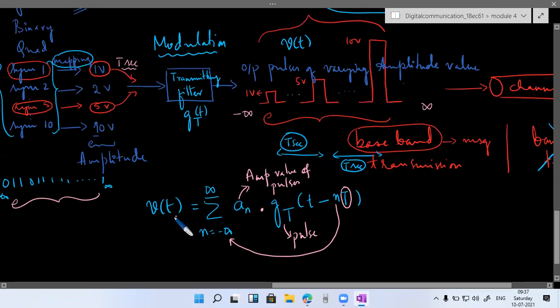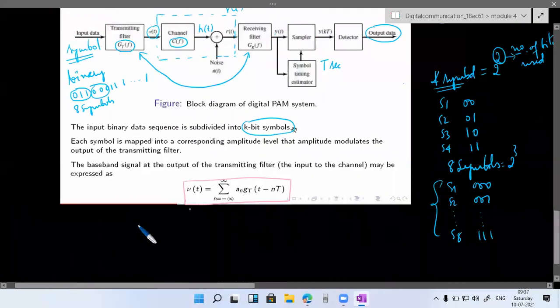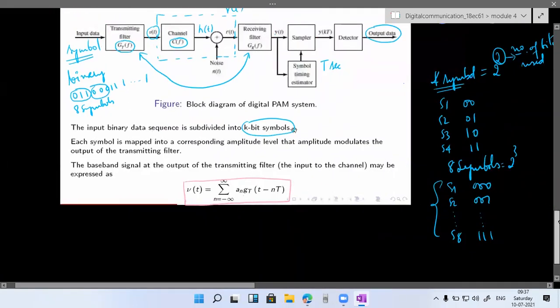So in general, we can think of the output of this transmitting filter, V of T, as equal to the summation from negative infinity to positive infinity of a n times g subscript capital T of t minus nT. So this is the output of our transmitting filter. Now let's see what happens when we feed this output.